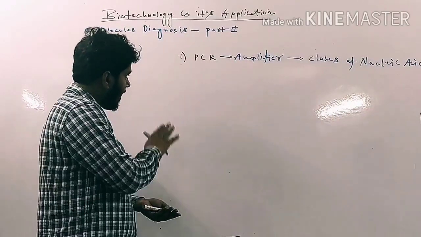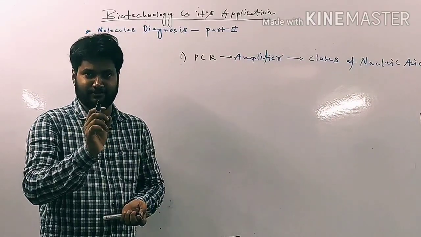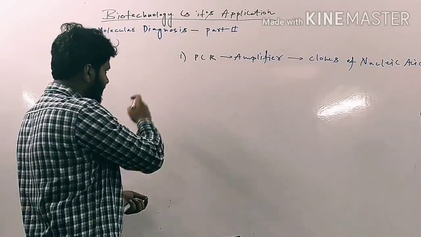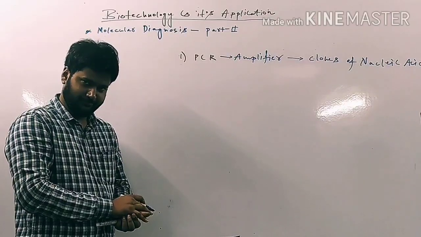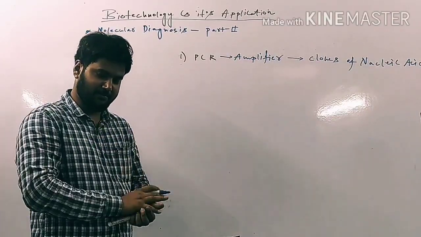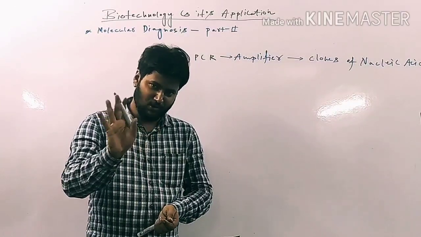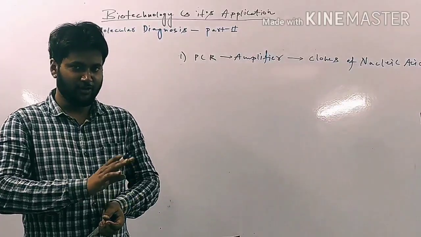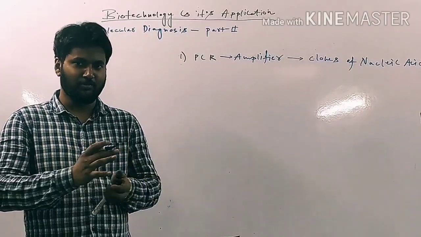So let us now see how PCR helps us in early detection or diagnosis of a disease. Nowadays, PCR is routinely used. You have probably heard the word HIV, and you all know about the disease. You know about the fatal disease cancer, and you are also familiar with a lot of genetic disorders. You also know about mutations.